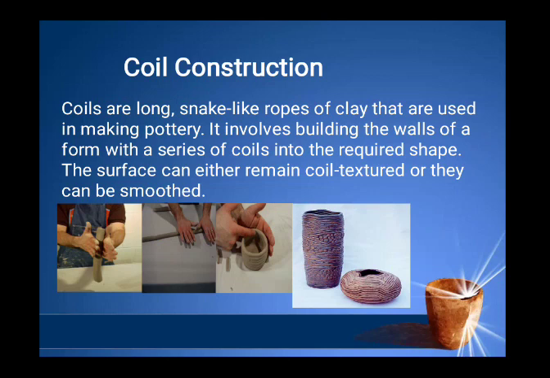Coil construction. That's coil method. Coils are long, snake-like ropes of clay that are used in making pottery. It involves building the walls of a form with a series of coils into the required shape. The surface can either remain coil textured or be smooth.